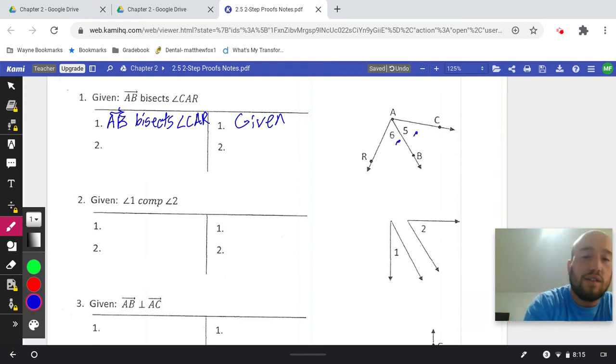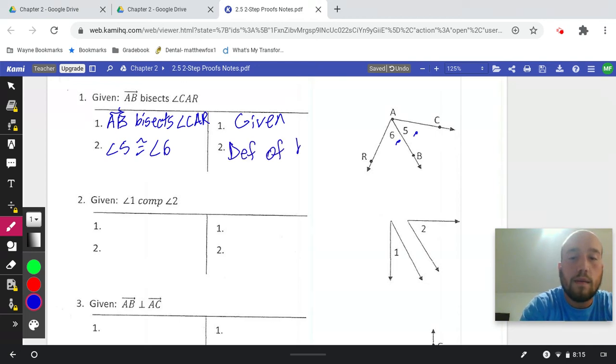And so I can just call that angle 5 is congruent to angle 6, and my reason, definition of bisector. Now, if you wanted, instead of calling that angle 5, you could have called it CAB or BAC. Instead of angle 6, you could have called it RAB or BAR.